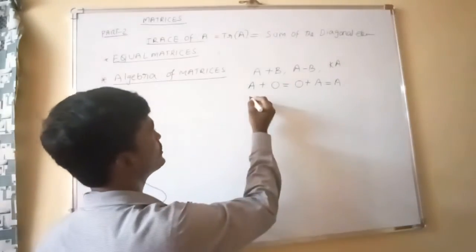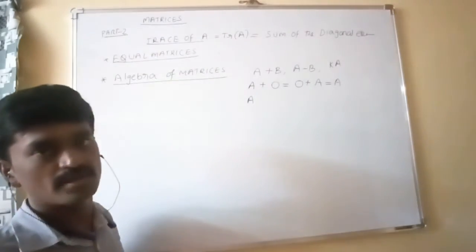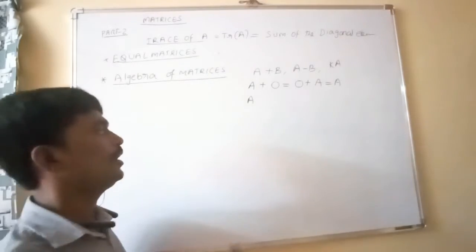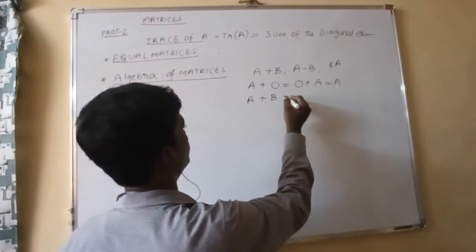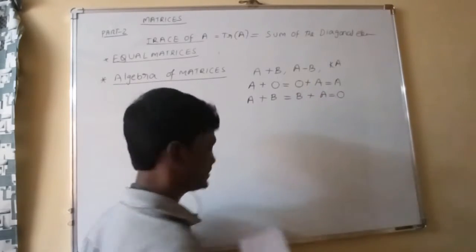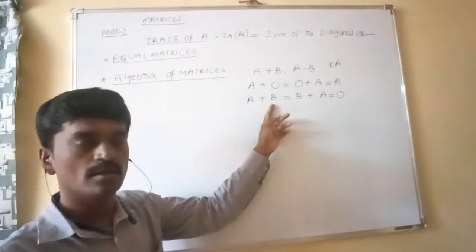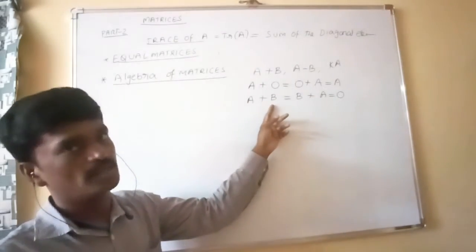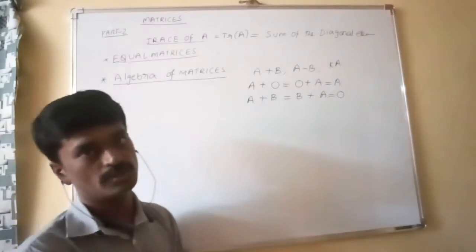Next, suppose A is any matrix. Then there exists a matrix B, whose order is the same as A, such that A plus B is equal to B plus A is equal to 0.